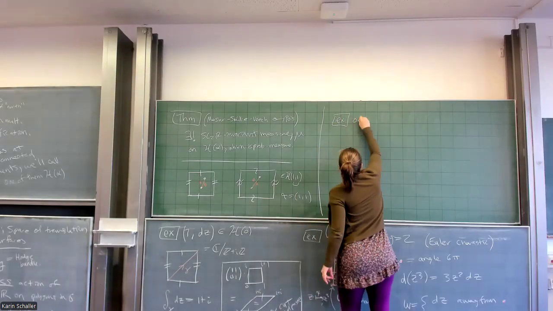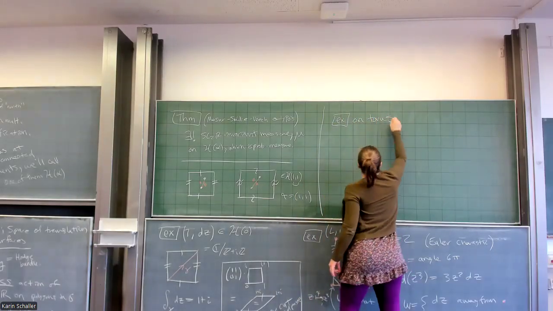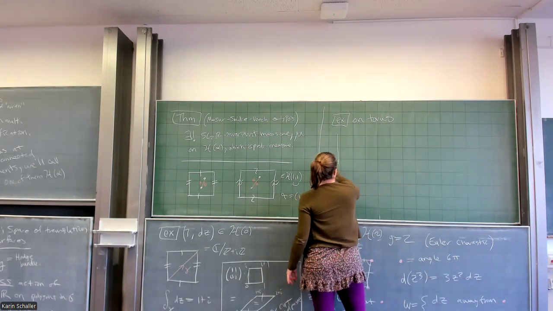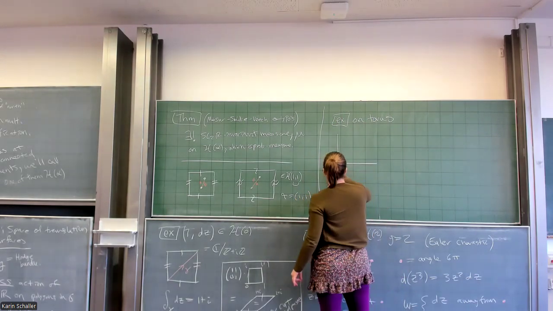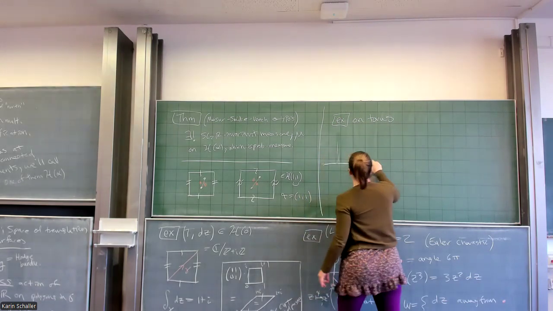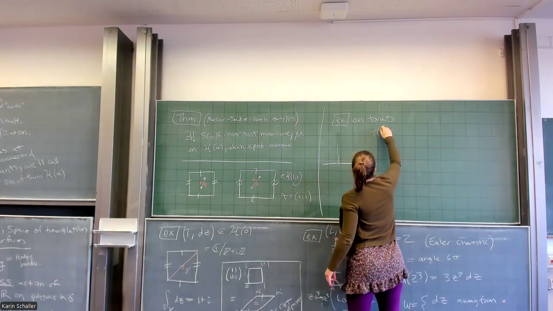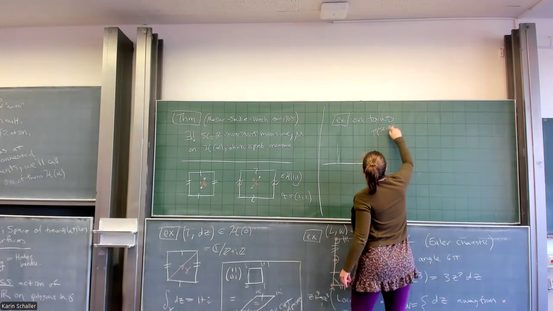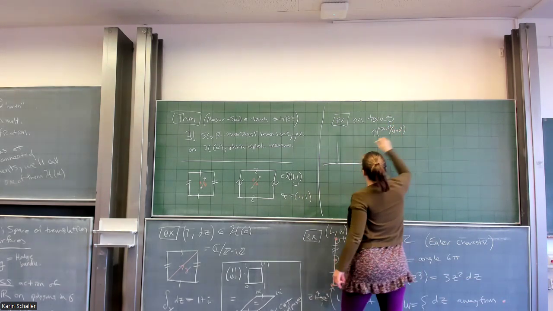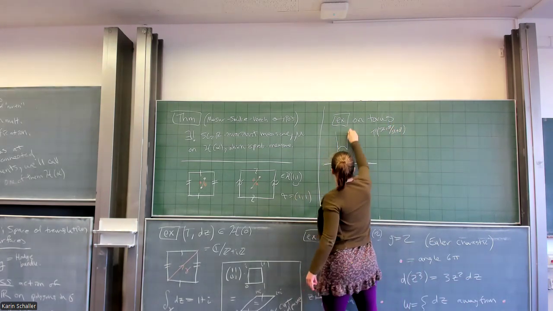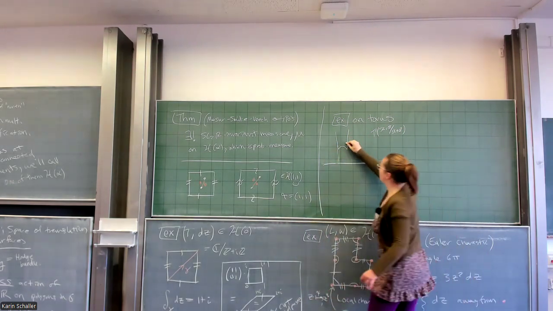So what happens on the torus? Well, on the torus, I think in Anna's talk, we talked about if we take the unit tangent bundle of SL2R on SL2Z, what we're doing is we're taking the fundamental domain for the modular curve.